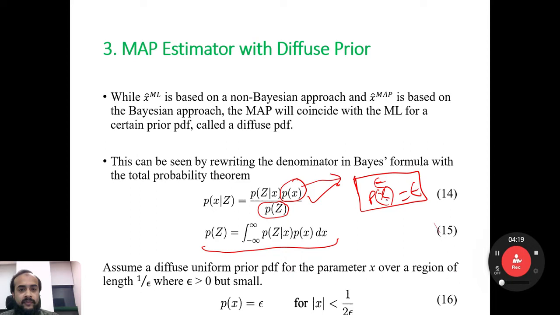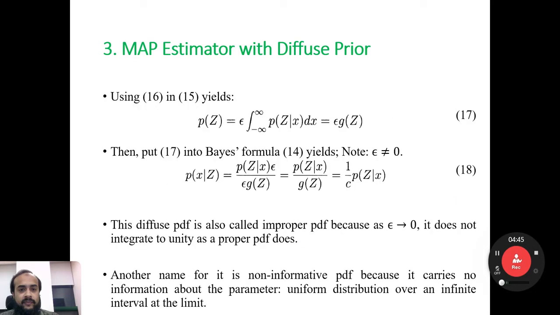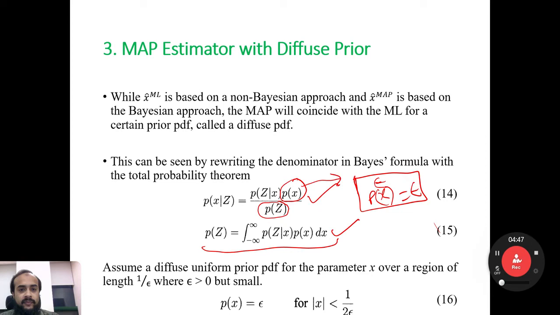Suppose X is located in a small region having a length of 1 upon epsilon, where epsilon is greater than 0 but very small.